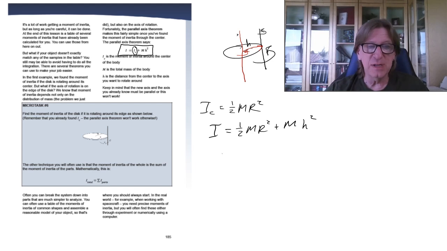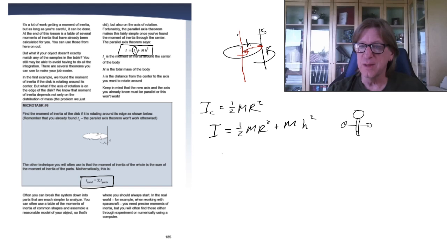The last piece then is that the total moment of inertia is equal to the sum of its parts. So let's suppose, and we're going to do this in the next lesson, that I've got a figure skater who has their arms out like this, and we'll say that that's their feet, and their feet are very close together.